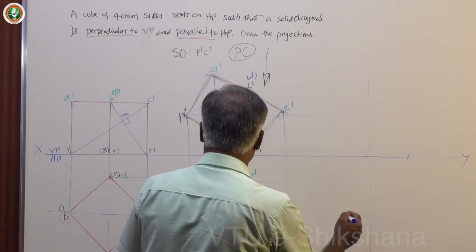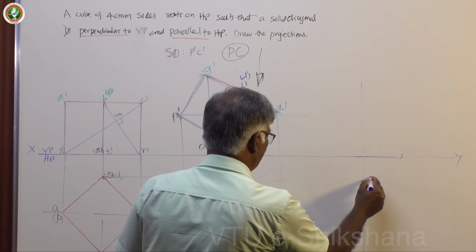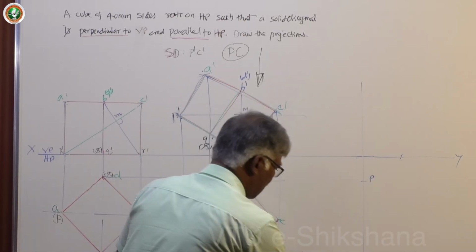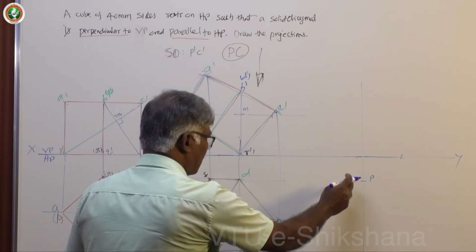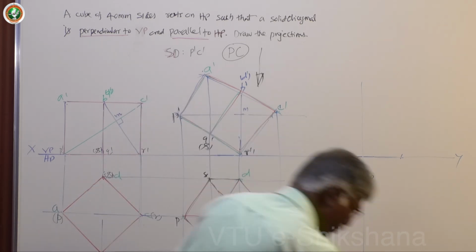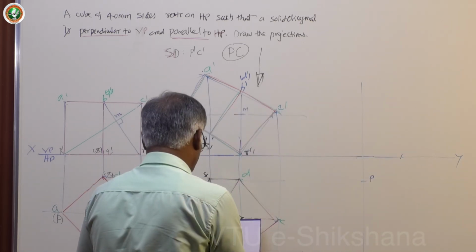So you are taking base towards observer, means P towards VP and C towards observer. Now let me mark these points in one go.